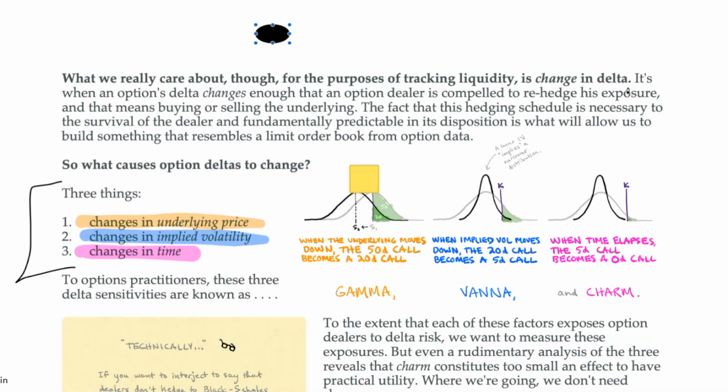There you go. Yeah, perfect. So then if spot moves down, all of a sudden that call is only 20 deltas, and you were initially long 50. Well, now you only need to be long 20, so you can sell 30 of the ones that you were originally long, which is going to push price down even more.